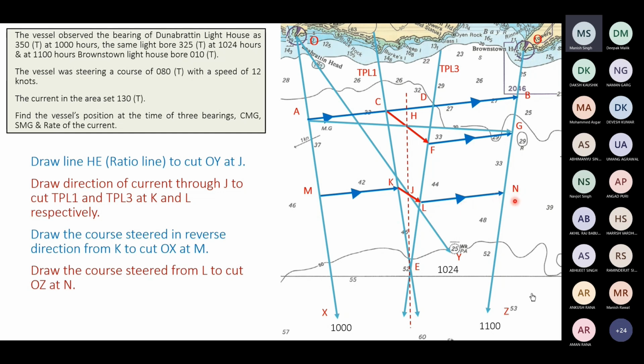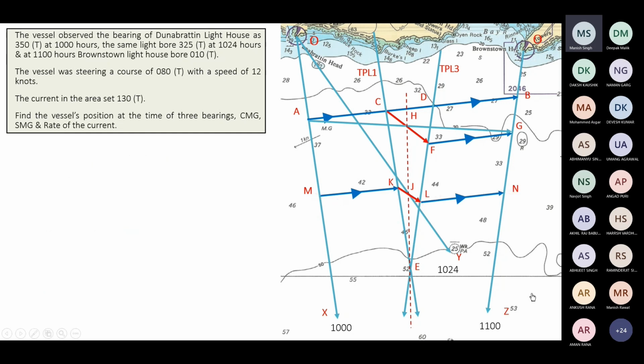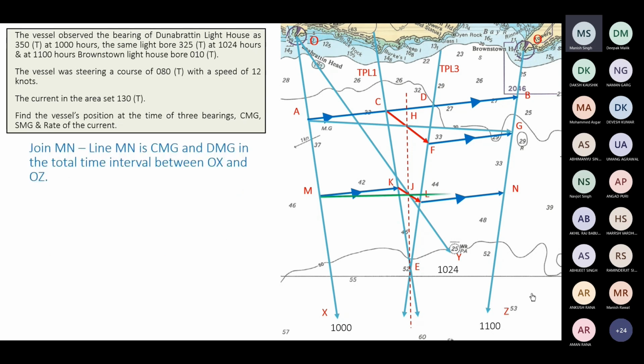What we are going to do now is we are going to join M and N, Mike to November. So you can see this green color line, which is joining Mike to November.